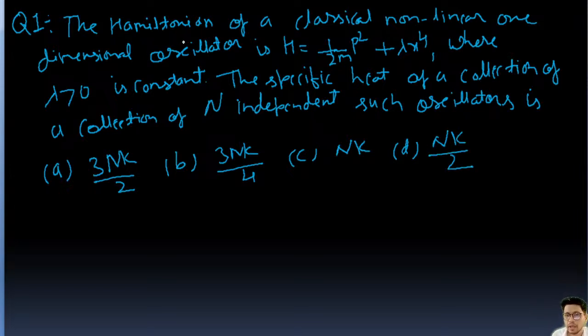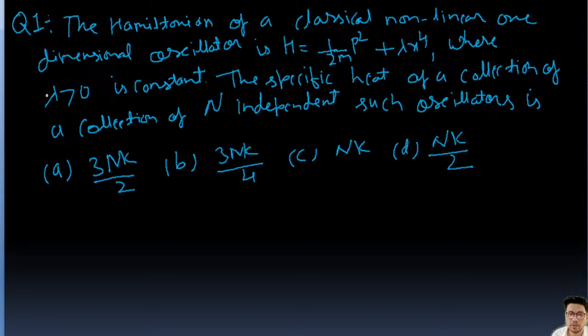The question is: the Hamiltonian of a classical non-linear one-dimensional oscillator is given, and lambda, which is greater than 0, is a constant. The specific heat we need to find out is for a collection of n independent such oscillators.